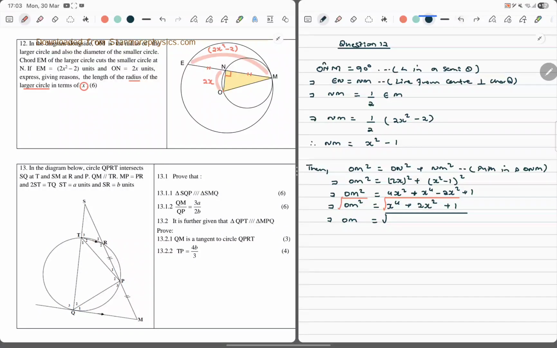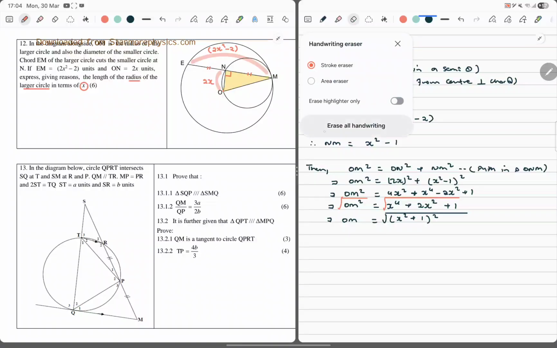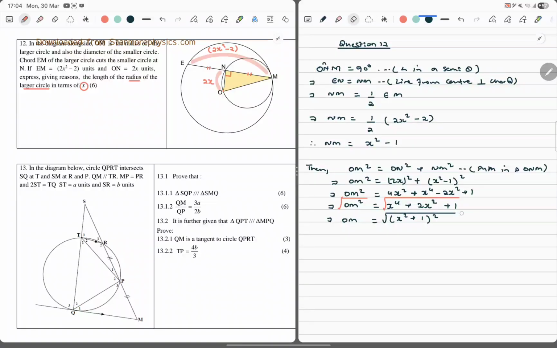This is a sum of two squares, isn't it? So this is going to be x squared plus 1 all squared. Maybe this is too long. So please guys, don't forget algebra. It is still your friend. Okay. So therefore OM is going to be x squared plus 1 units.